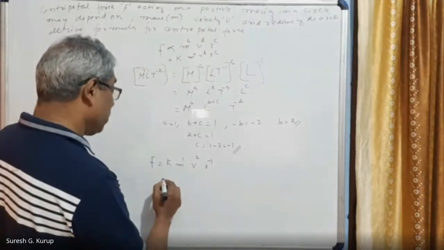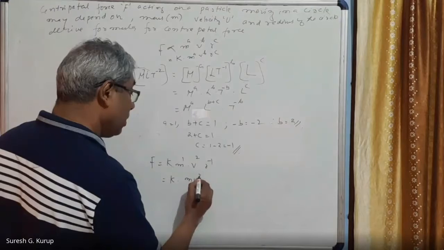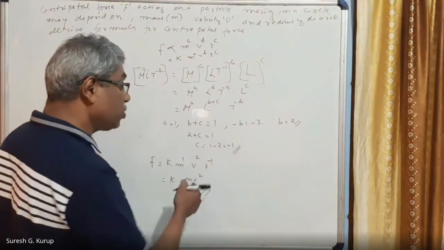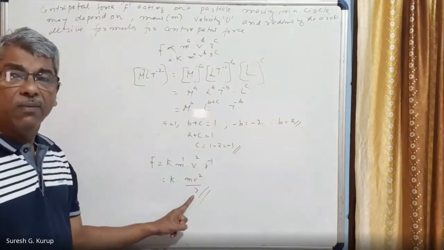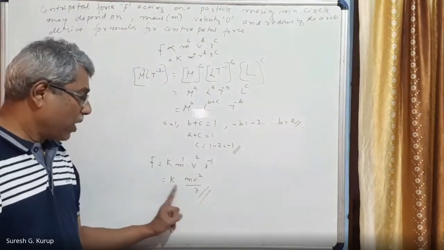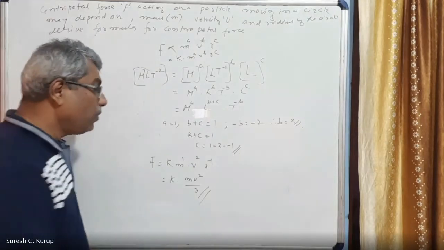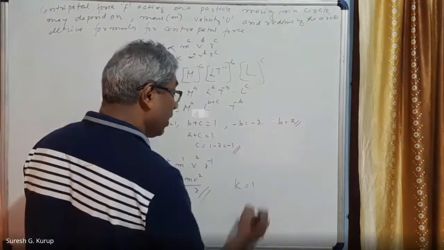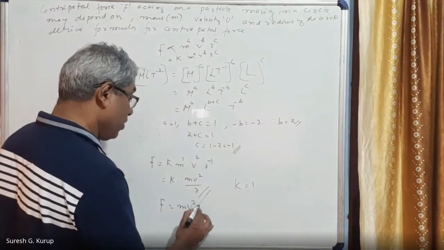This is equal to K into m v square by R, because R raised to minus 1 is equal to 1 by R. So actually the value of K is found as equal to 1. Then F is equal to m v square by R.